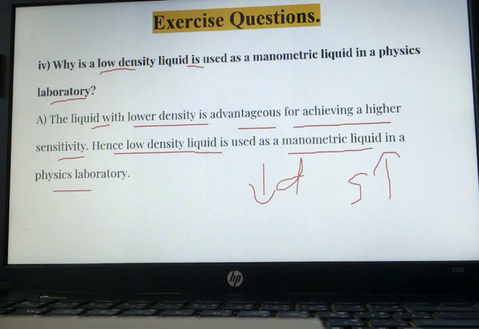For a very low change in density or any parameter it is measuring, it will show a large reading.